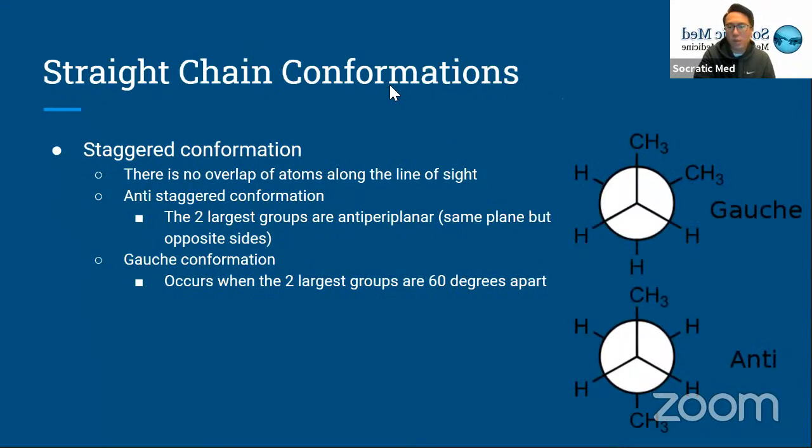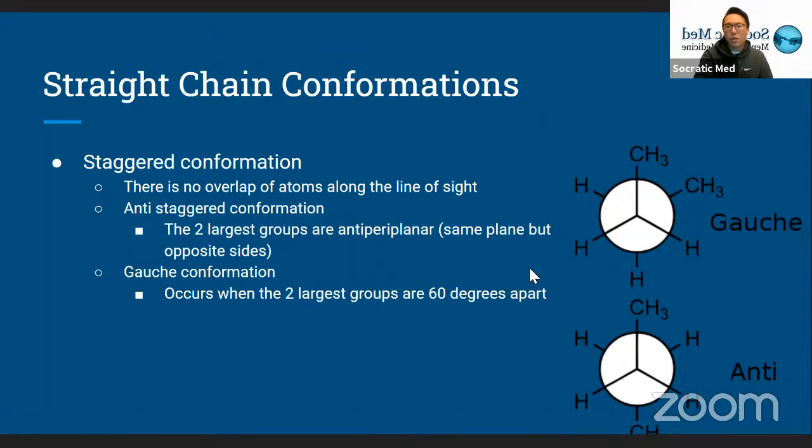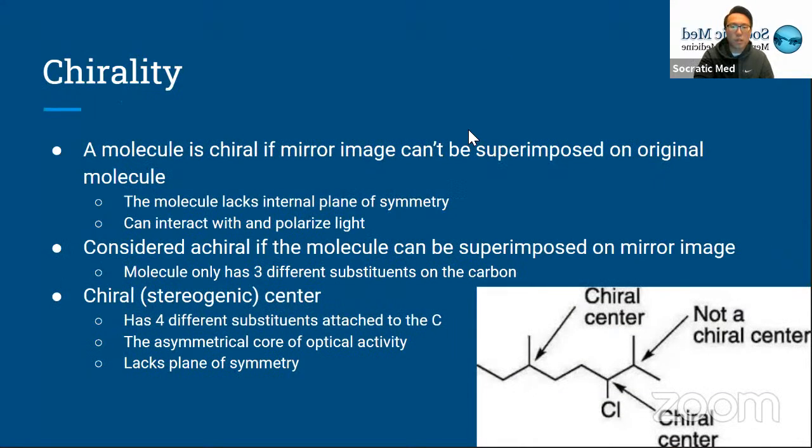So for anti and gauche, there would be a few exceptions depending on what groups are attached to the carbons, but usually anti is more stable just because the two highest priority functional groups are on opposite sides of each other.